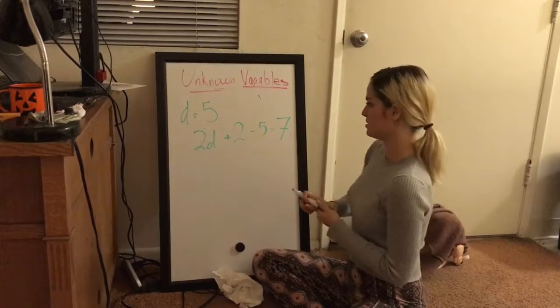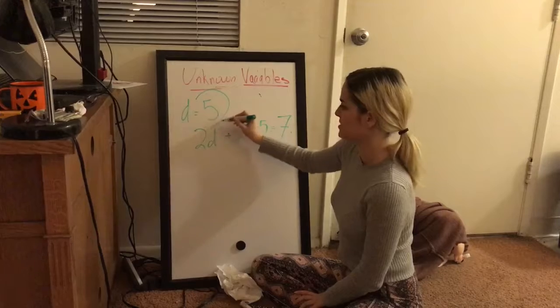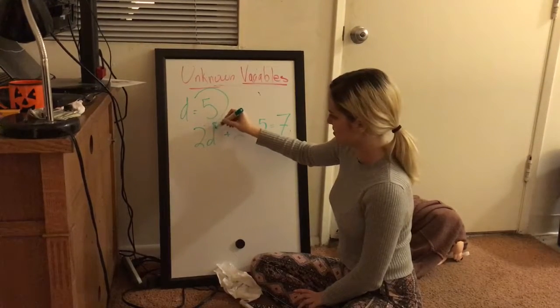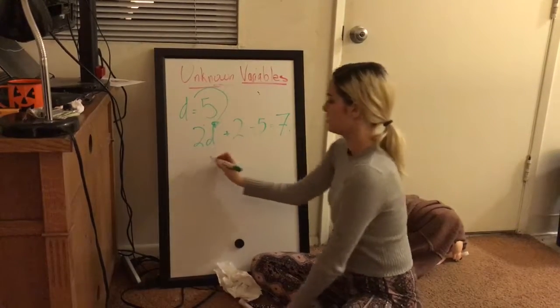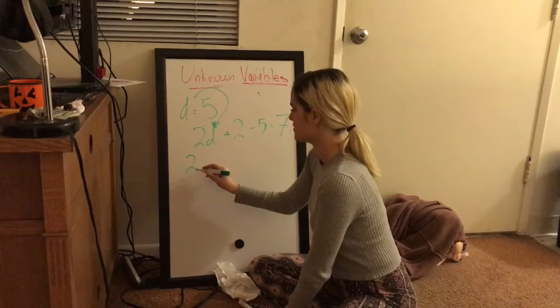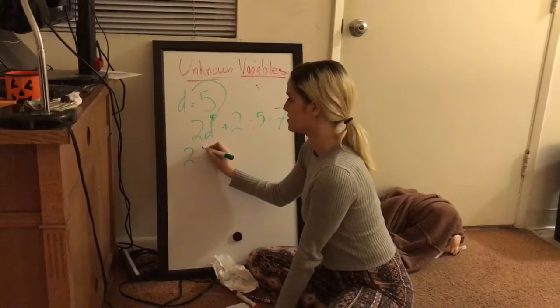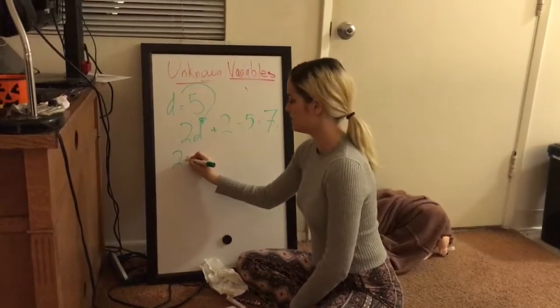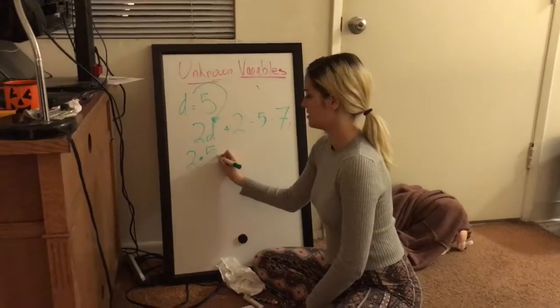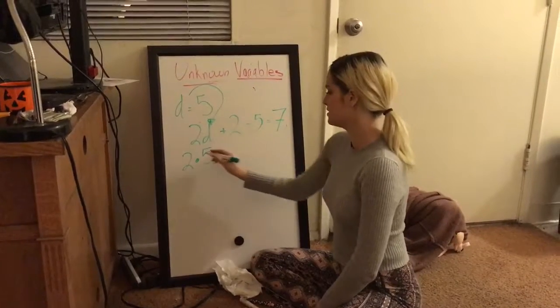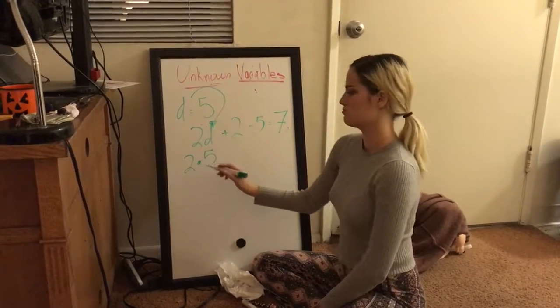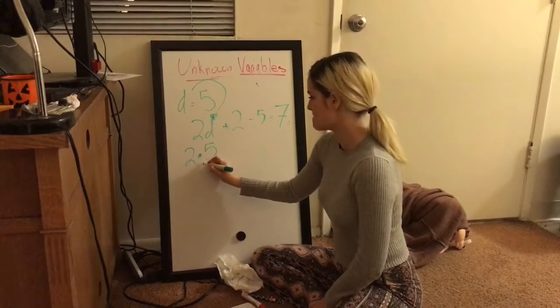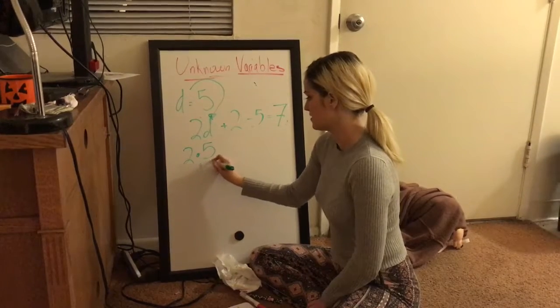So we would plug this back in. And so now we have 2, and because we're multiplying, and this is a number that we're using instead of a letter, let's make it clear that we're multiplying here. And let's just do this now. 2 times 5. 10.